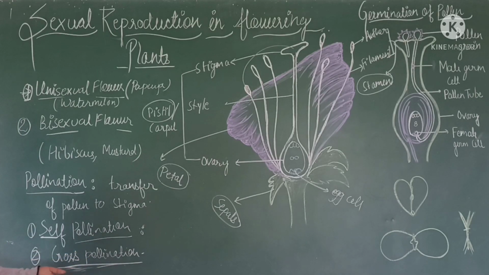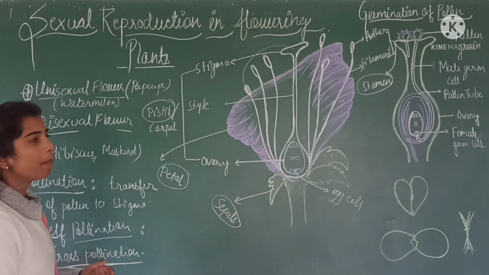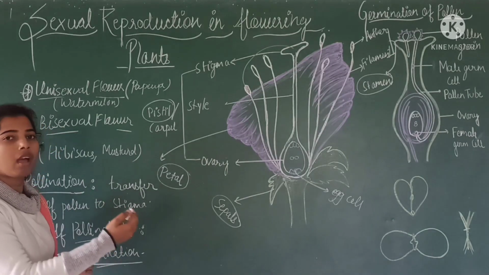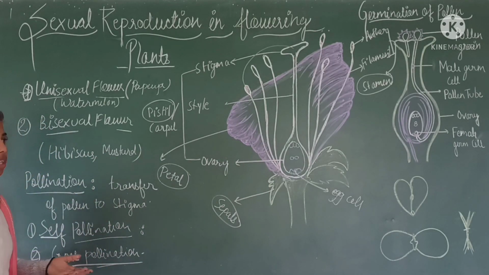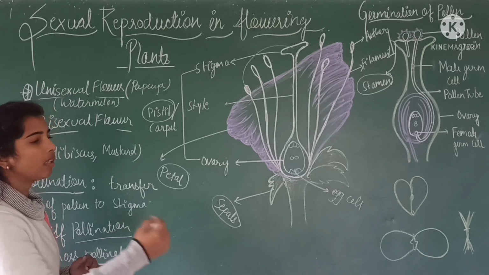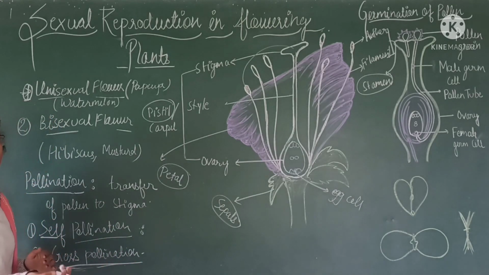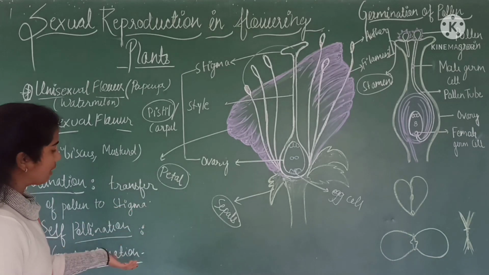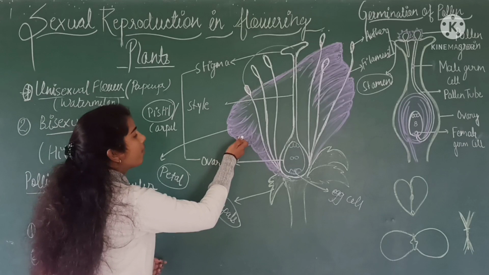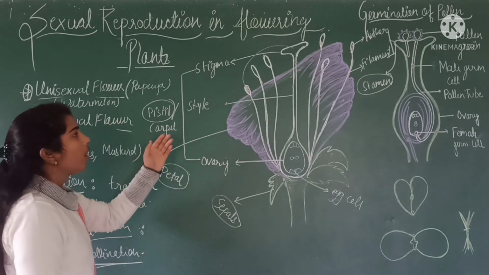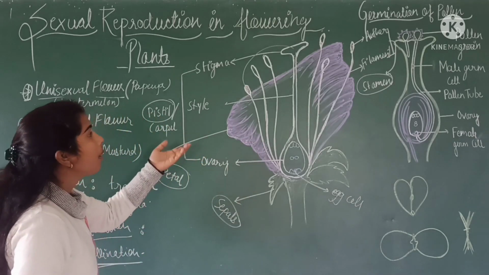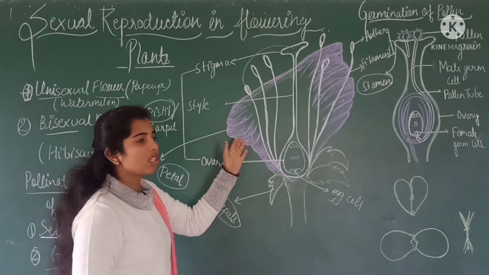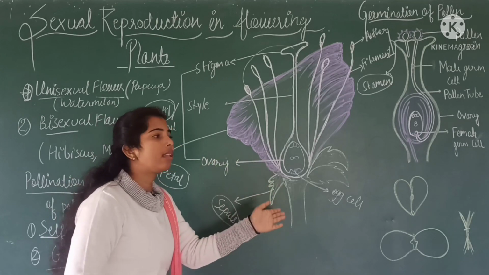By these pollinating agents, pollen grains are transferred from one part of the flower to another flower. Pollen is transferred by the wind to other flowers, and in some species by water, whereas in some flowers by insects. These colored parts attract the insects, and pollen is transferred by the insect's wings to a stigma of the same flower or the other flower.